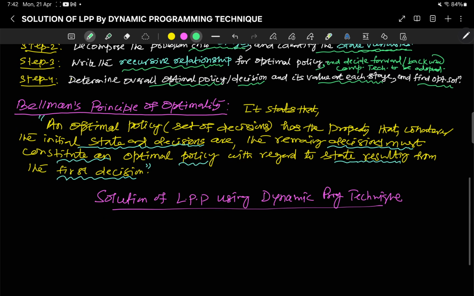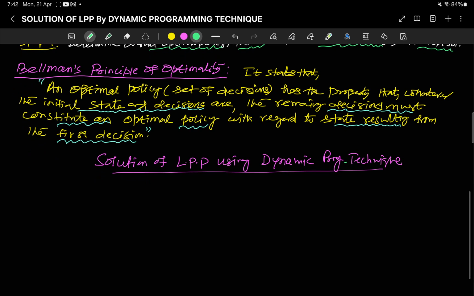We may adopt either, looking into the given problem.